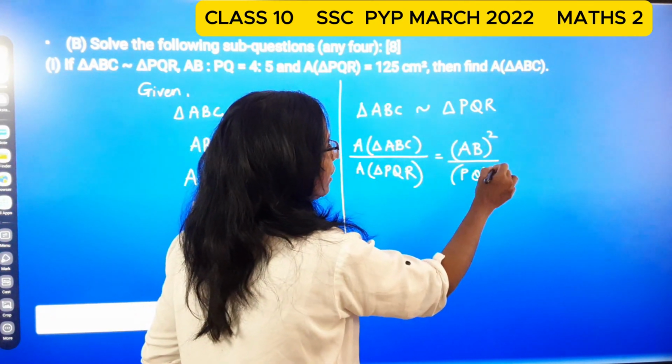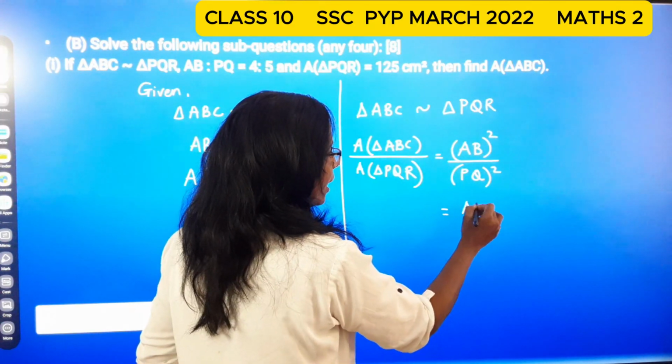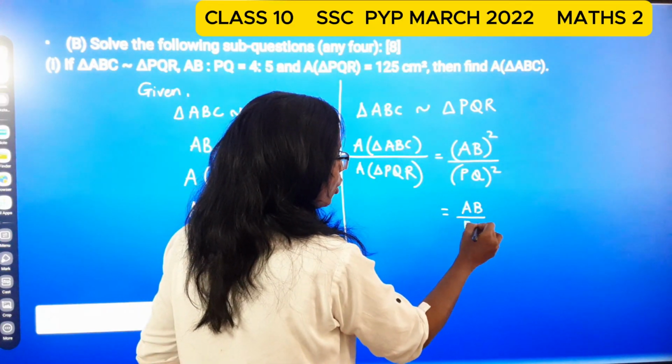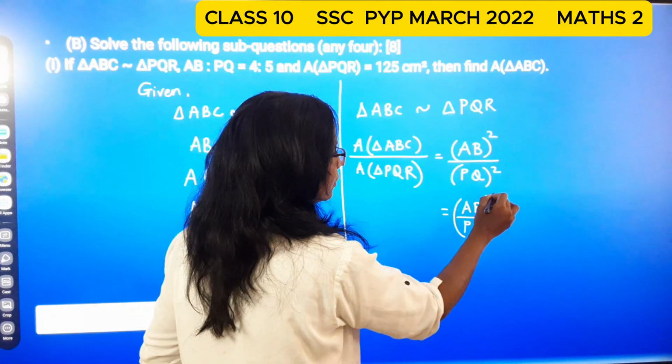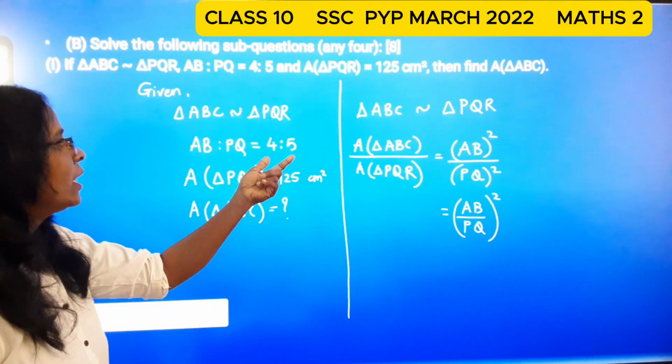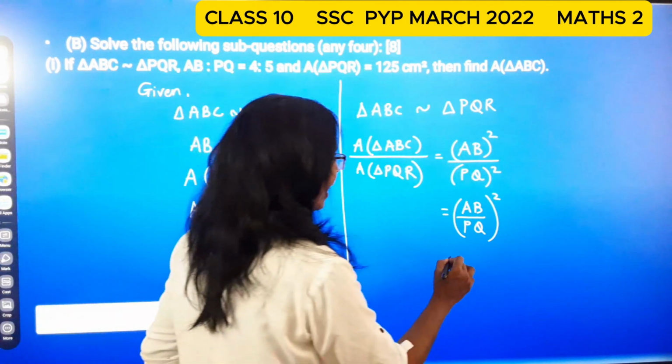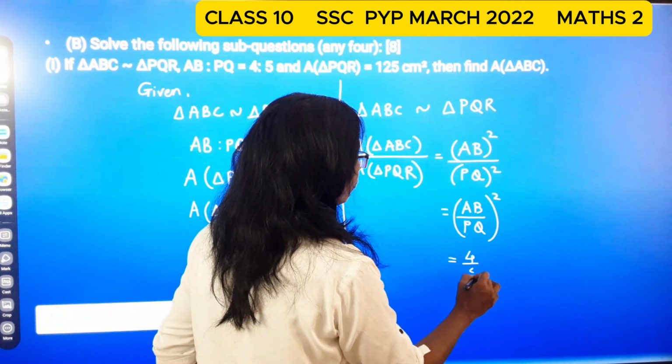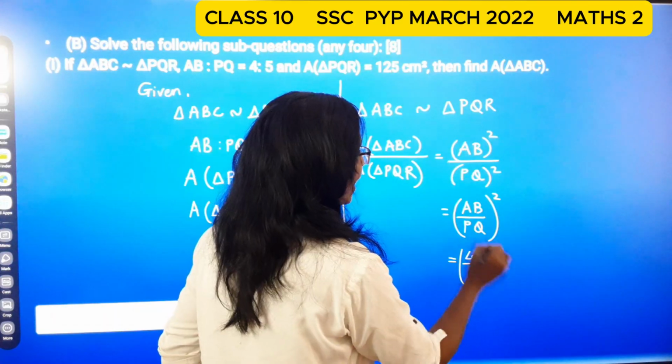Okay, and that means we can say AB upon PQ whole bracket square. And the AB is to PQ is equal to 4 upon 5. So here we write 4 upon 5 whole bracket square.